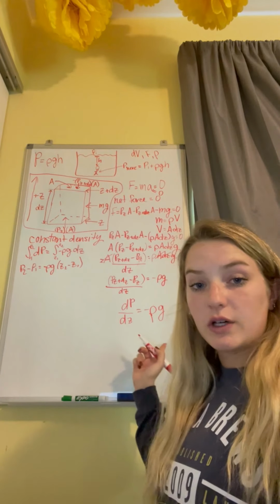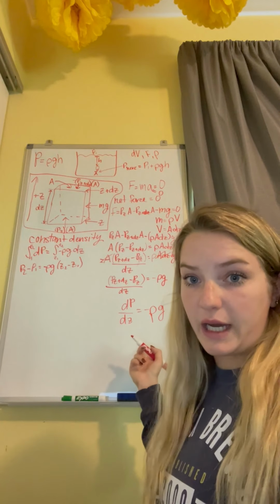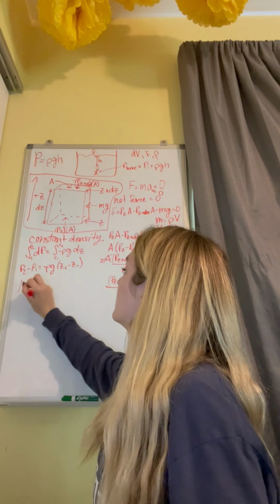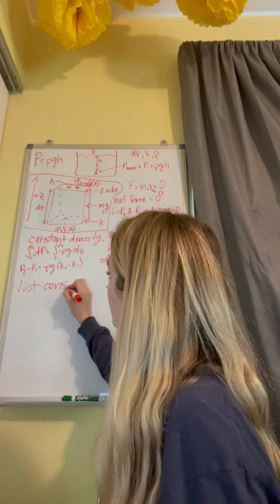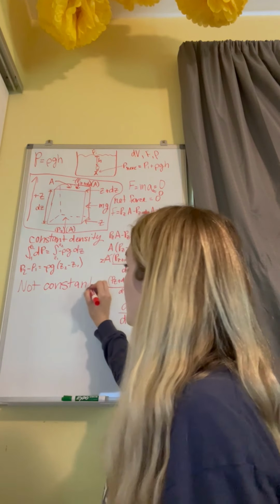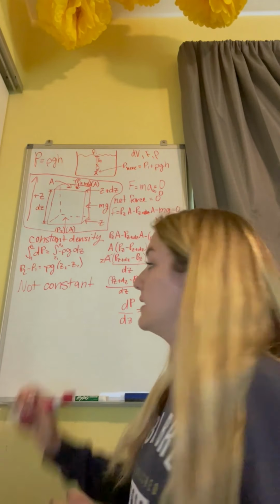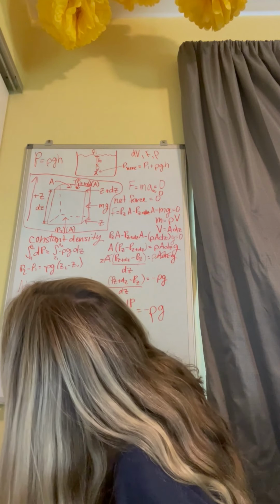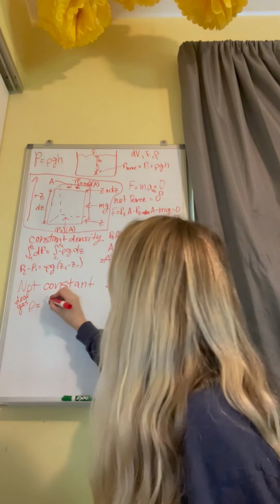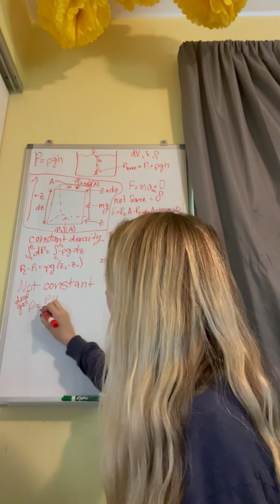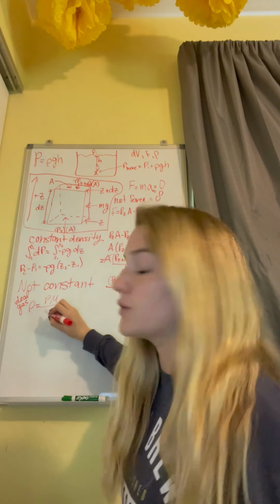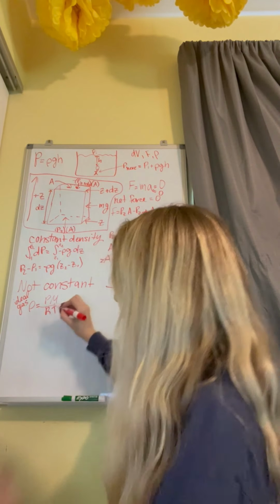So now we are going to look at this equation when we don't have a constant density. So if we look at the density when we have an ideal gas, we are going to have rho is equal to pressure times the mass over R times the temperature.